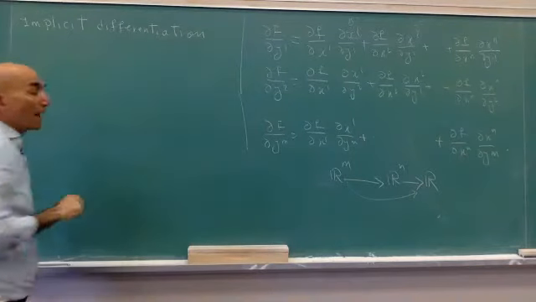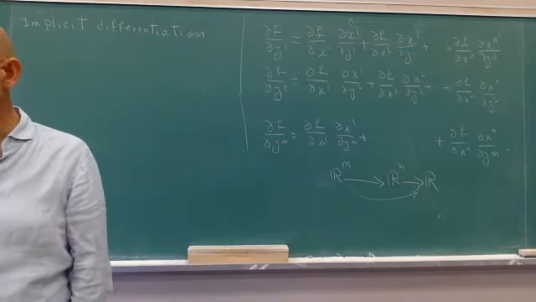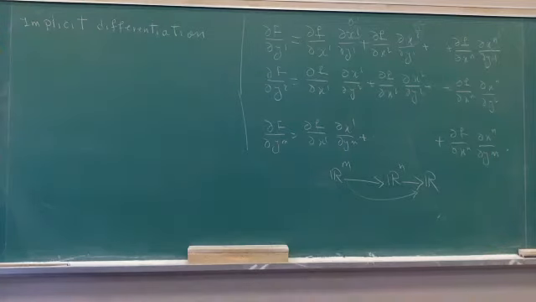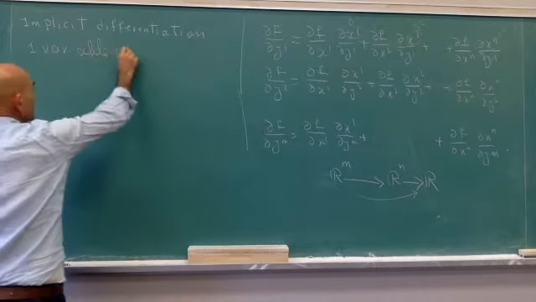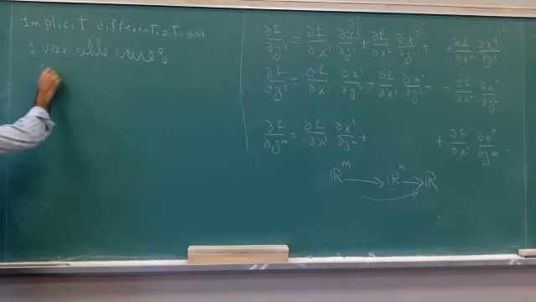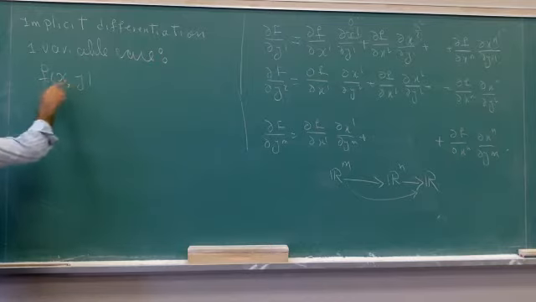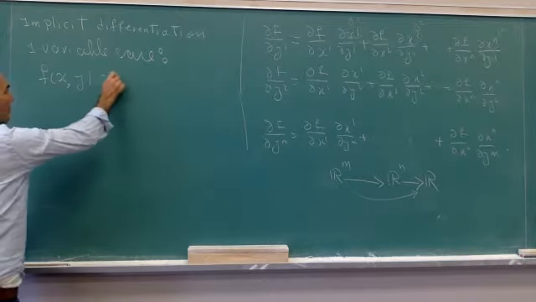Yes. Again, you can recall from one variable calculus what the rule was. This was the one variable case. We have a functional relation between x and y, f(x, y) equal to 0.